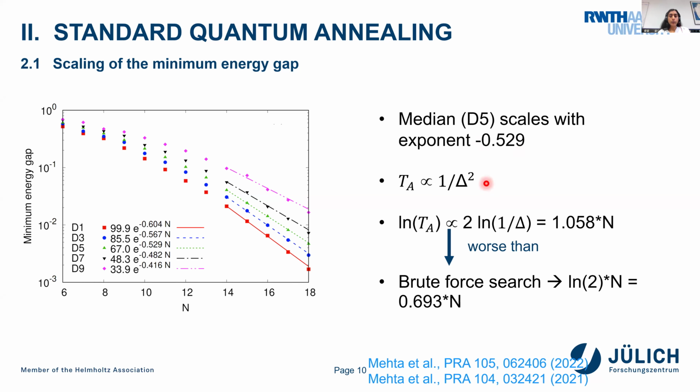This would mean that the annealing time required to ascertain an adiabatic evolution should also scale exponentially, with an exponent which is twice as large. So in this case, we should expect the scaling of this annealing time to have an exponent of 1.058, which is worse even compared to a simple enumeration of all the states of this problem, which scales with an exponent of 0.693.